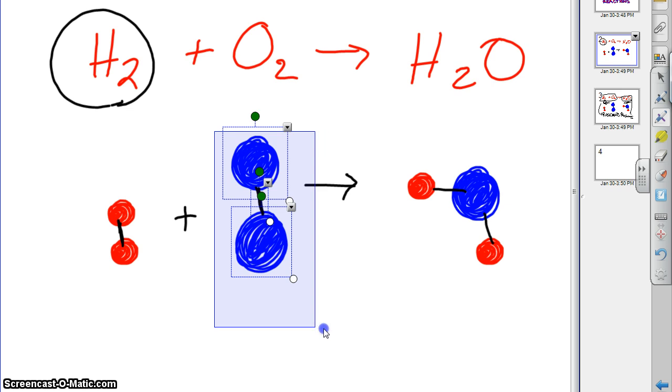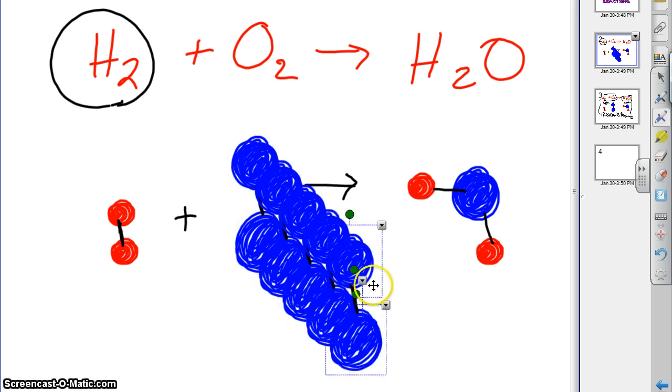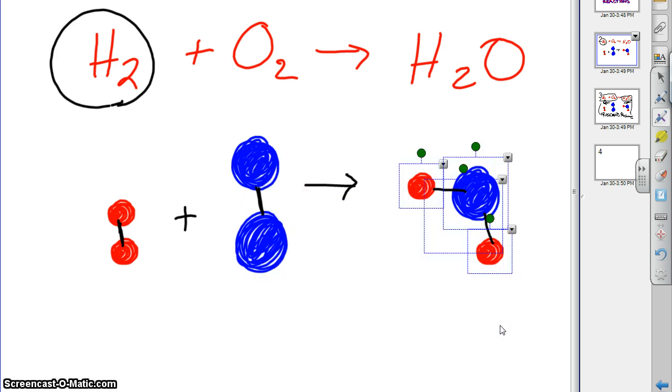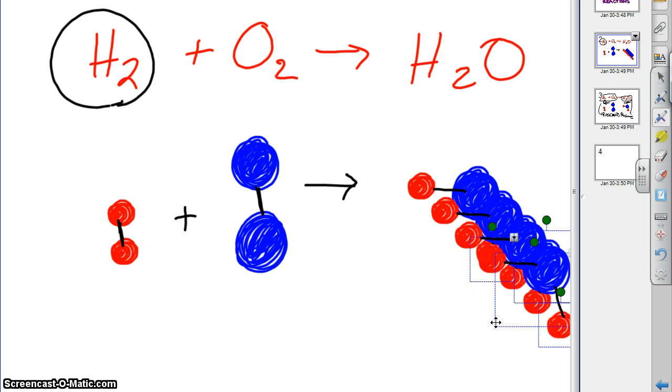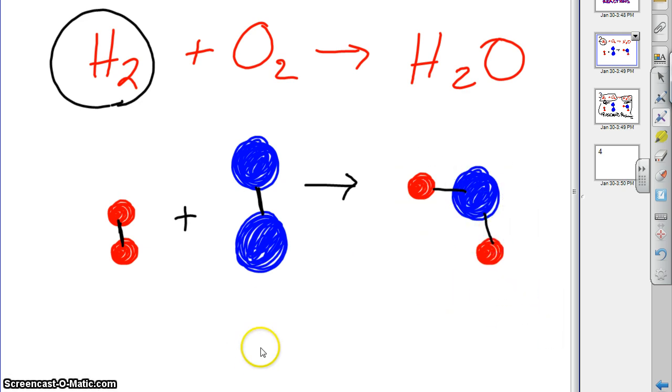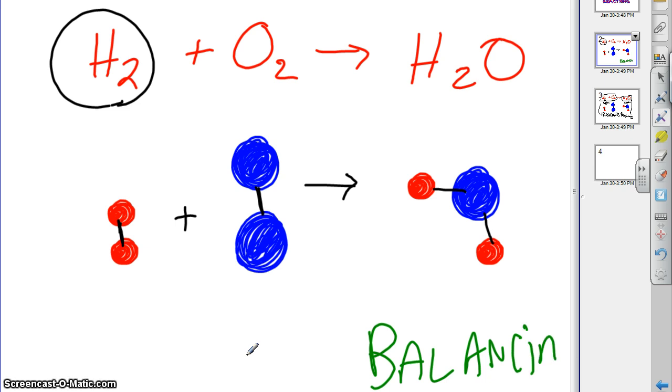Similarly, we could start with more oxygens if we wanted to, or we could make more than one water. We're allowed to do that. And that's what we mean when we say we're going to balance the reaction: by making more waters, or using more hydrogens, or more oxygens. So how does that work?